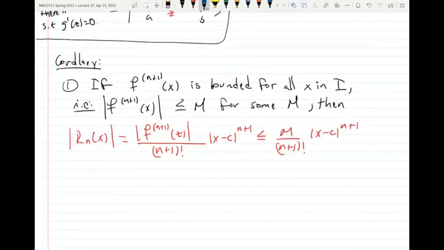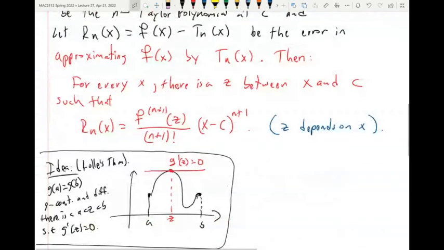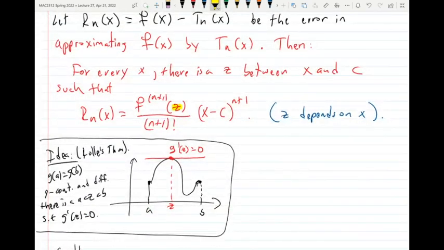So the important thing of this remark is that this does not depend on z. You see, this z here is problematic. It is troublesome because we don't know what it is. It's something between x and c, but we don't know what it is.